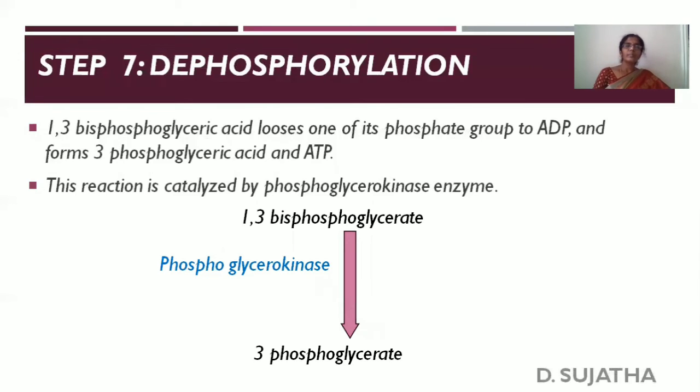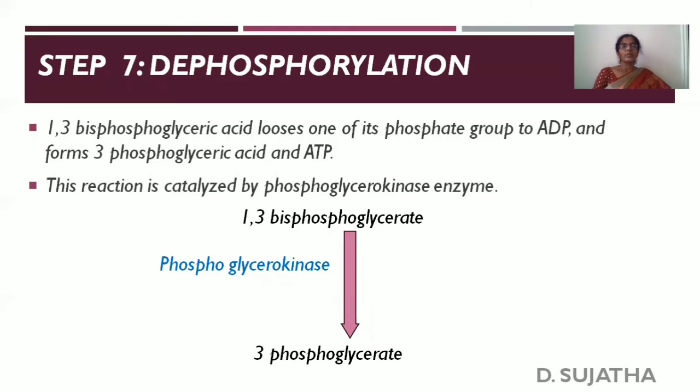This 1,3-bisphosphoglyceric acid loses one of its phosphate groups to ADP. The phosphate group lost by the 1,3-bisphosphoglyceric acid is taken by ADP. Then ADP converts into ATP.